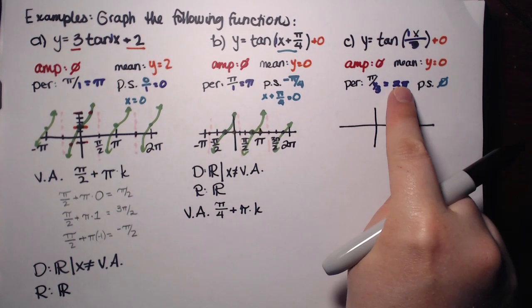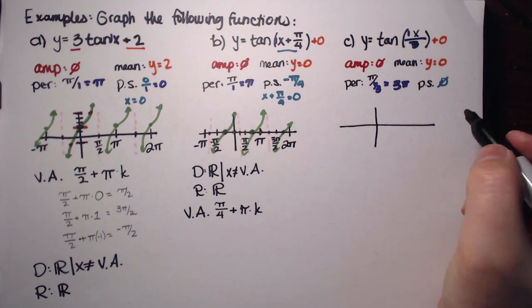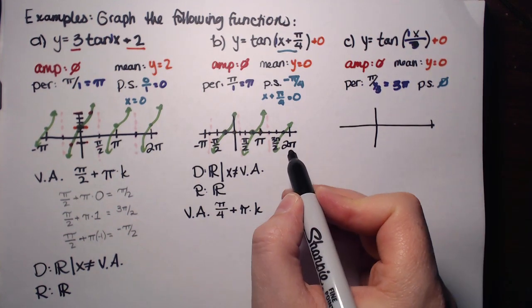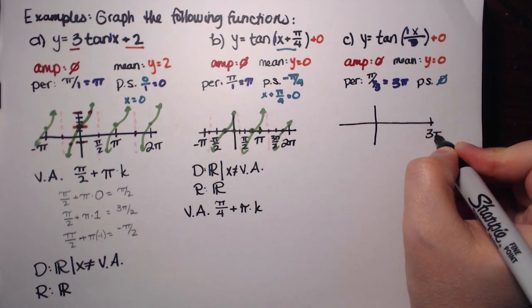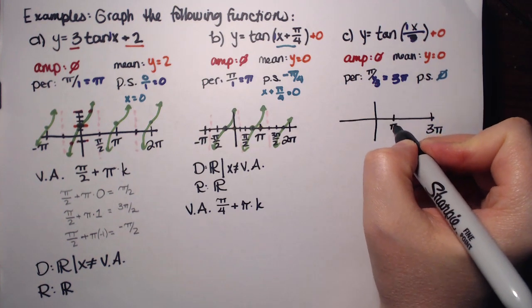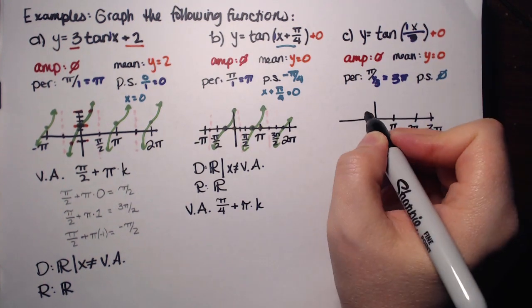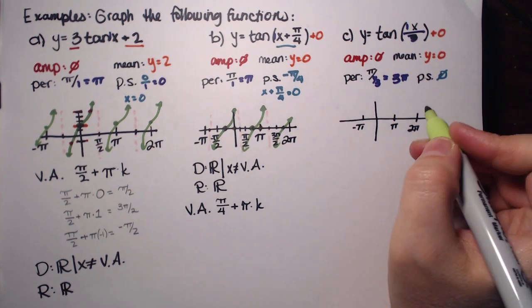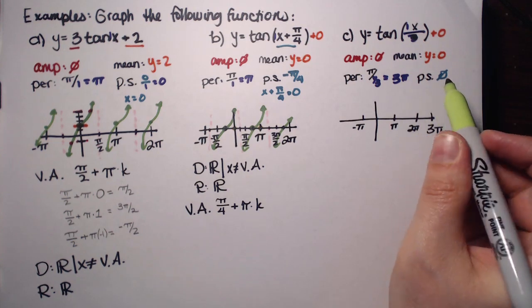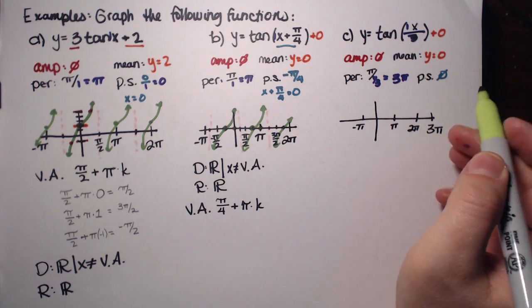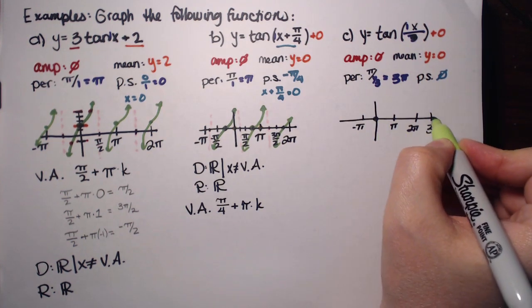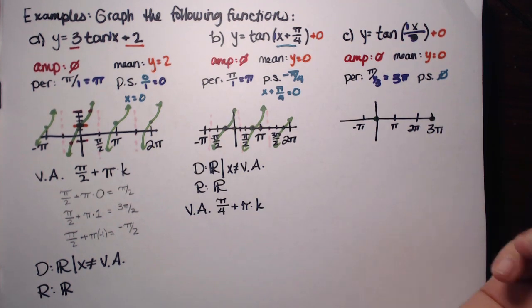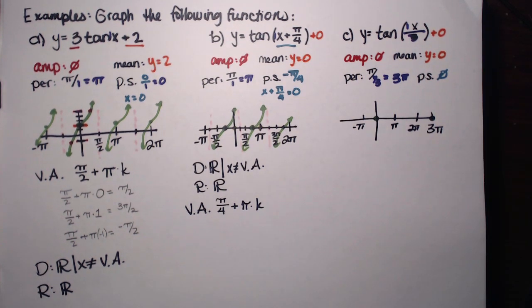Okay, and then this last one. Because the period's going to be 3 pi, I need to make sure I include 3 pi as well. So the mean line is still 0, and there's no phase shift, so at 0 and the period is where it has dots, and then halfway between that is where it has the asymptote.